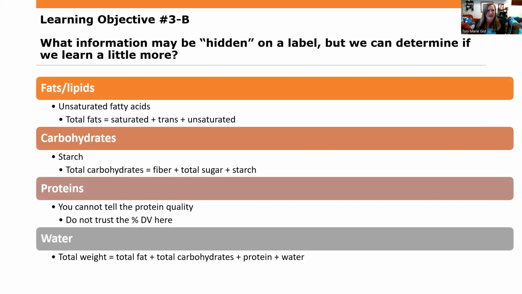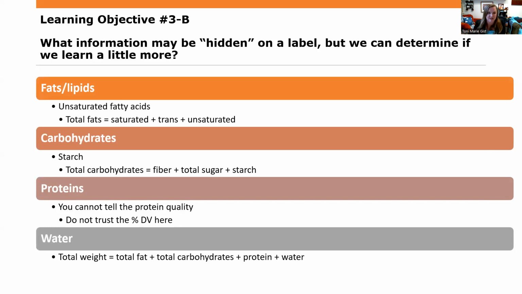And you might go, well, wait a second. Isn't that a component of total fats? Don't total fats equal saturated plus trans plus unsaturated? And the answer is yes, but they don't put the unsaturated fats on there, but you can calculate it. So what you do is you take the total fats, you subtract the saturated and trans fats, and then what's left over is the grams of unsaturated fat that you have per serving in your food stuff.